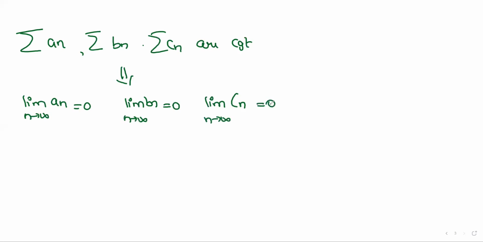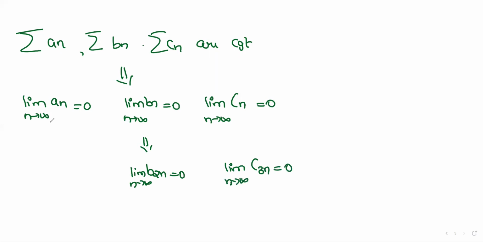We also know that if any sequence converges, then its subsequence also converges to that limit only. Here, B2n being a subsequence of the sequence Bn, it converges to 0. Similarly, limit of the sequence C3n is 0.